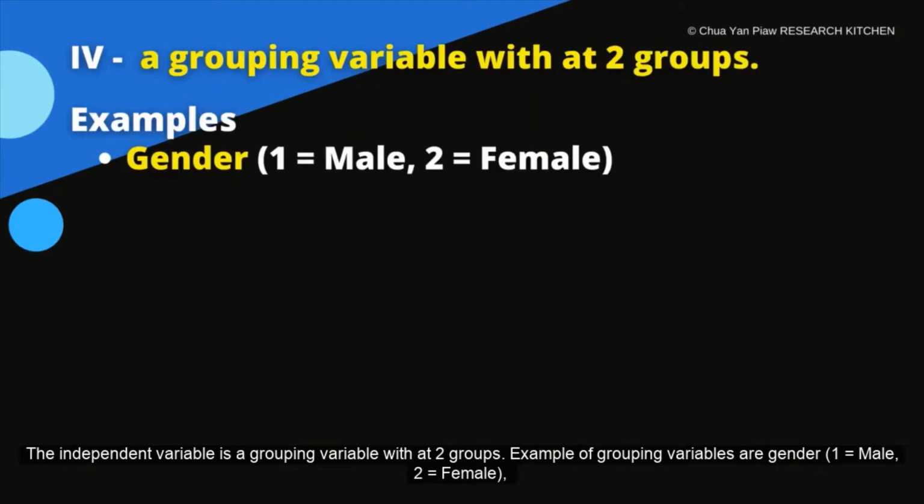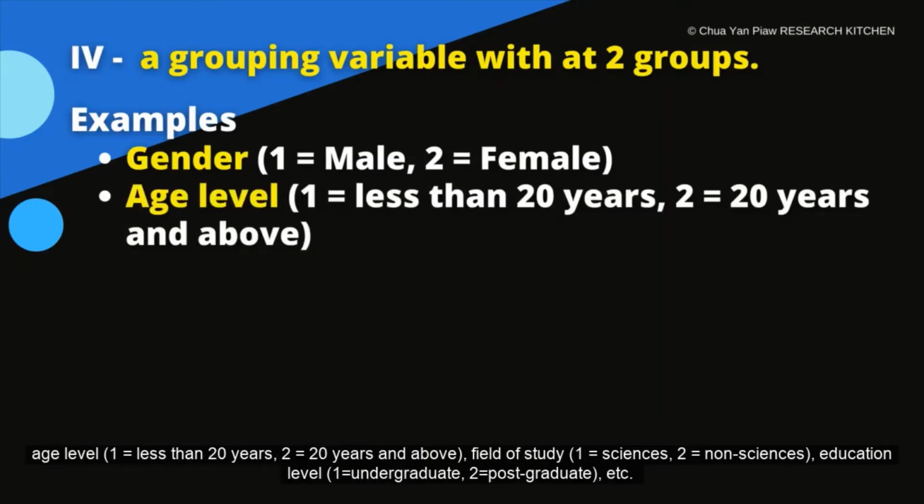The independent variable is a grouping variable with two groups. Examples of grouping variables are gender, labeled as 1 equal to male, 2 equal to female. Age level, labeled as 1 equal to less than 20 years, 2 equal to 20 years and above.